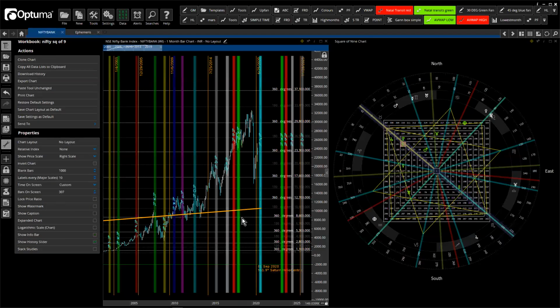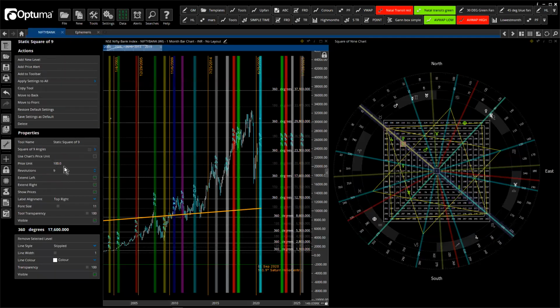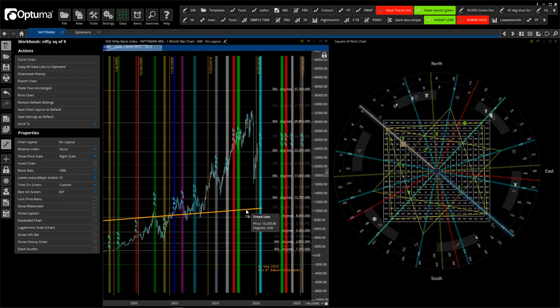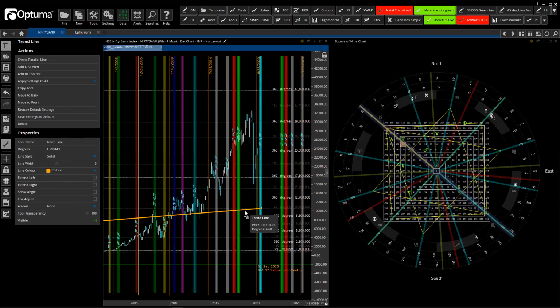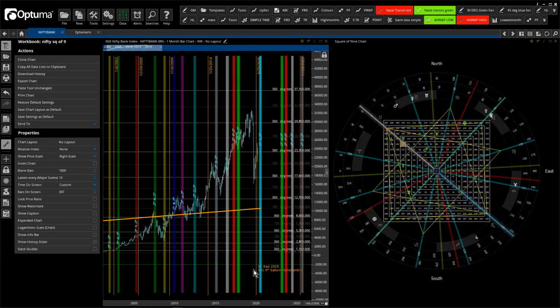Well, if we're starting at $0, and we're moving at Saturn's degrees on a monthly chart, we're going to put it at this price times 100, or also maybe times 10 to get a smaller picture. And that's going to give us an equivalent degree conversion for the current position of how far heliocentric Saturn has traveled since birth.